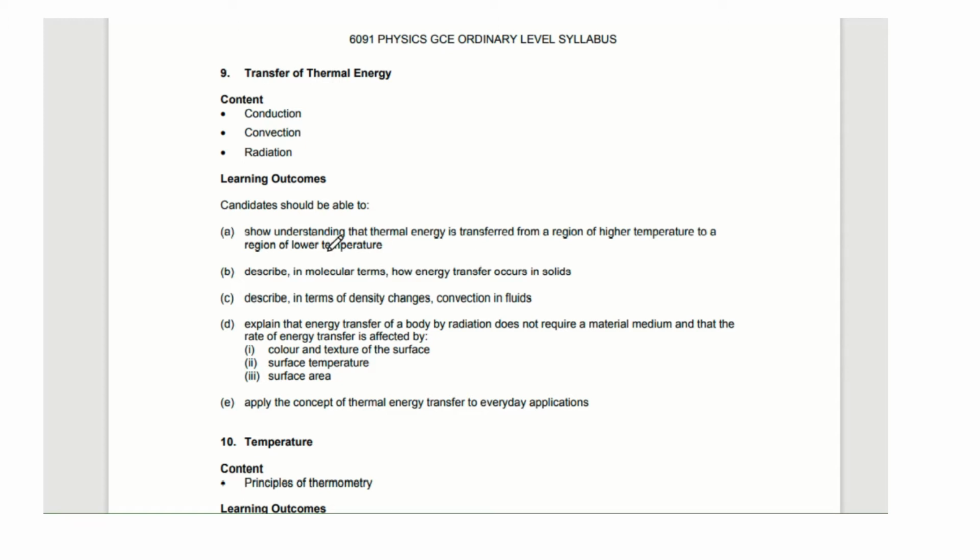Next, let's talk about in molecular terms how energy transfer occurs in solids. Or let's talk about conduction. Conduction is caused when the energy is transferred from one particle to another by vibration.